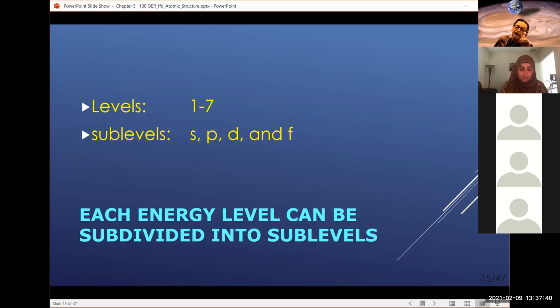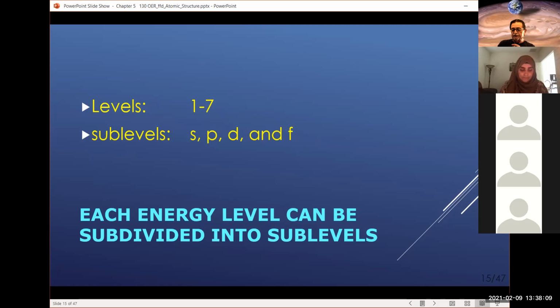Now, within these levels, we have what are called sublevels or sub-energy levels, or another term that is used is orbits. And those orbits have been given letters. Right now there are only 4 of them designated: the S, the P, the D, and the F. Why were they designated these letters?